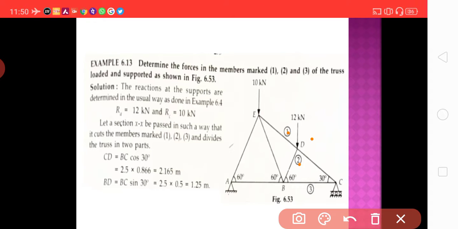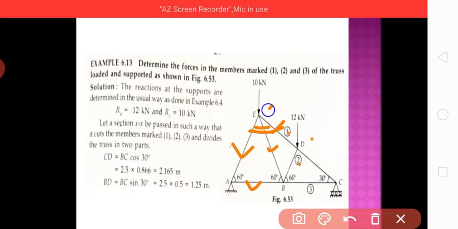This member and this member are of equal length. This is 60. This angle is 60 again. This total angle is 90 degrees.